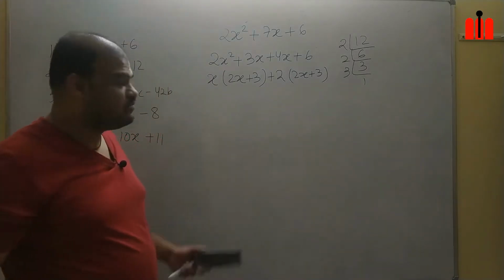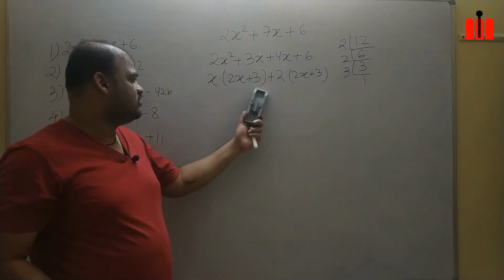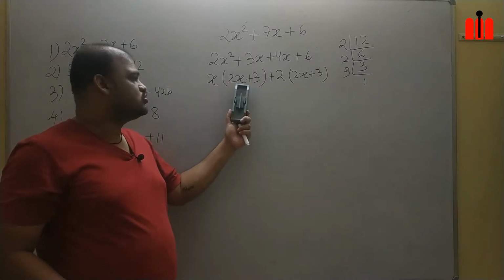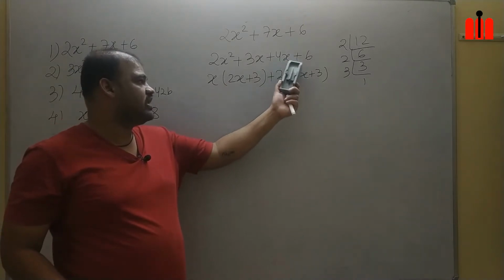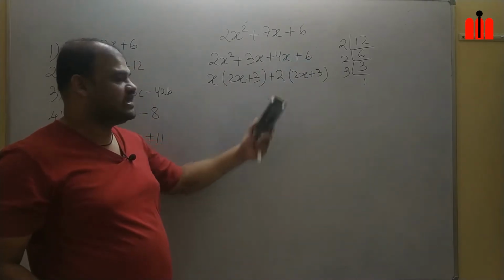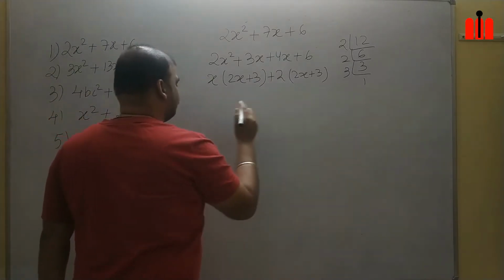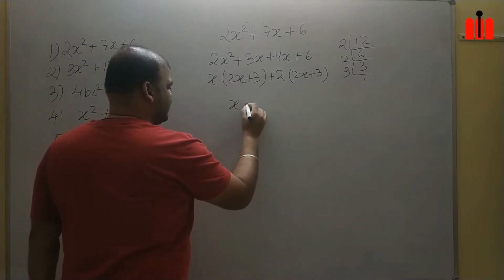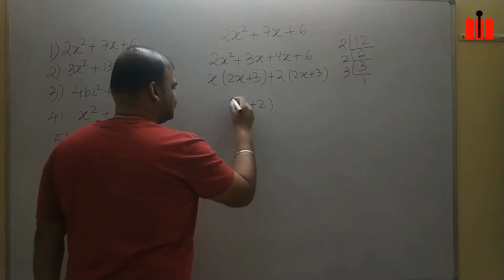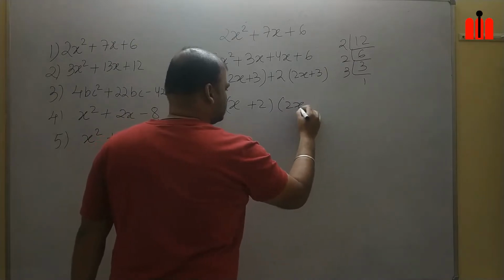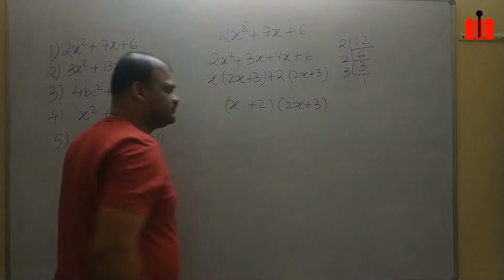What was our main motive? First we got 2x plus 3, so the same 2x plus 3 we want to extract from here as well. So we have taken 2 common. Are you getting it? So 2x plus 3 is common from both of them. So it will be (x plus 2)(2x plus 3).